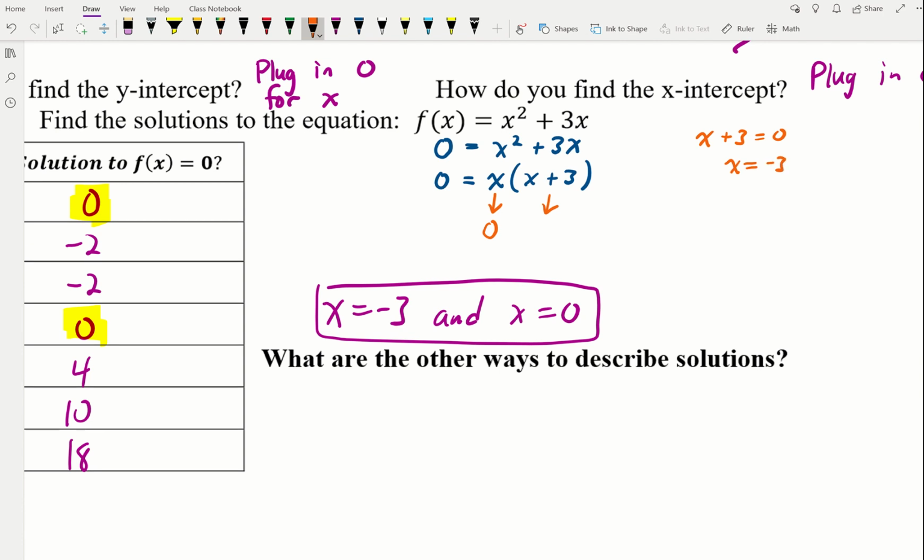It can start to get a little cumbersome having to do this side work all the time. So if you're able to just look at the factor and think, how would I get x alone? We're going to subtract 3. That is another way to come up with those solutions, much quicker than making that table.